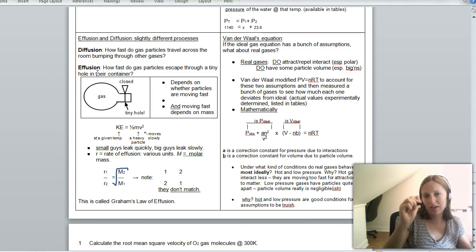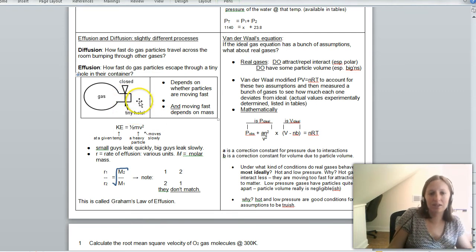And what's happening is that the helium particles are going through the rubber, and the air particles are going through the rubber. And the question is, well, which gas particles can escape faster, and what's the relationship between the rates of escape and the size of the particles?